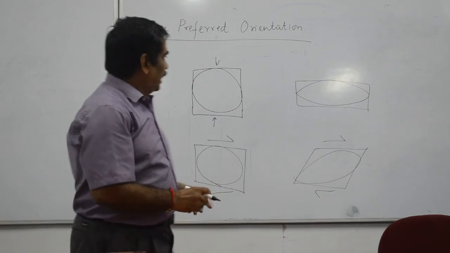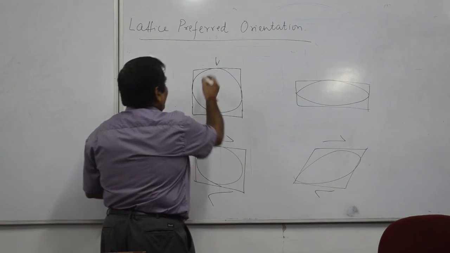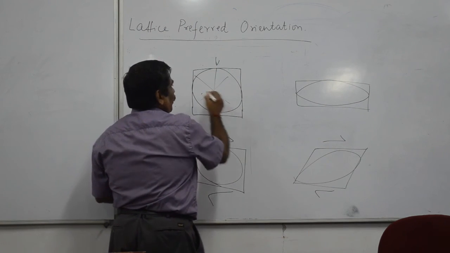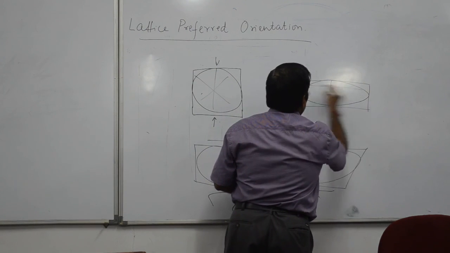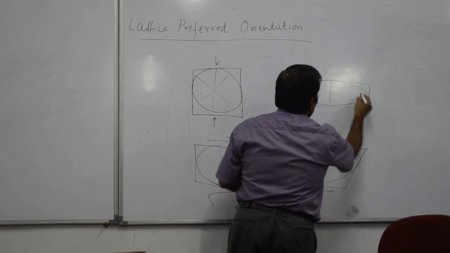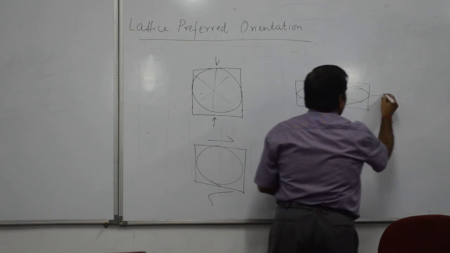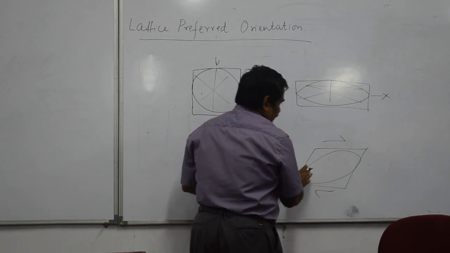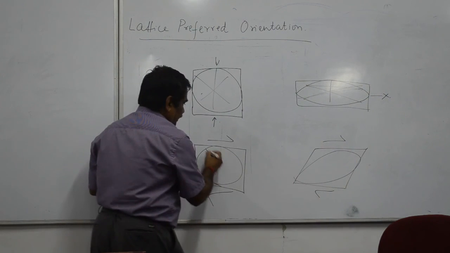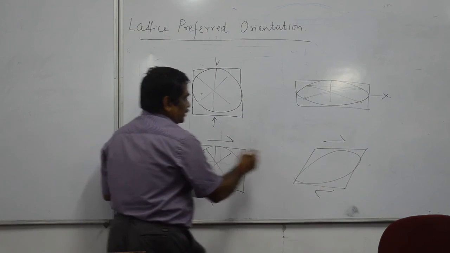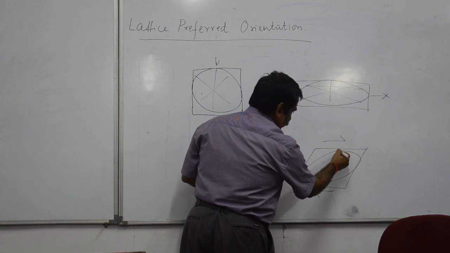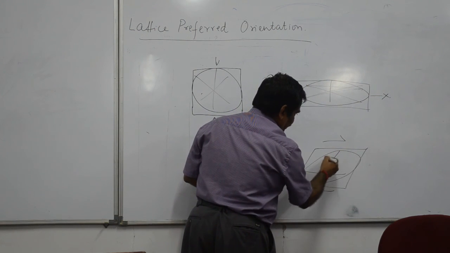Understood, na? Now, in this case, the lines which are drawn here, all these lines will be parallel to this x. But in this case, the lines which are there inside, they will become like this, you see.